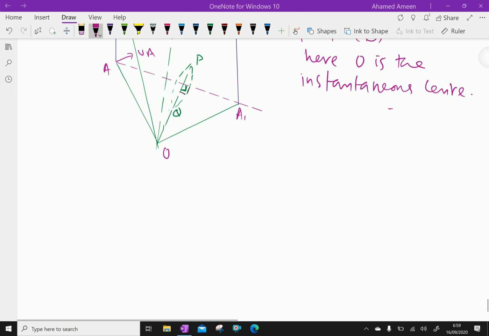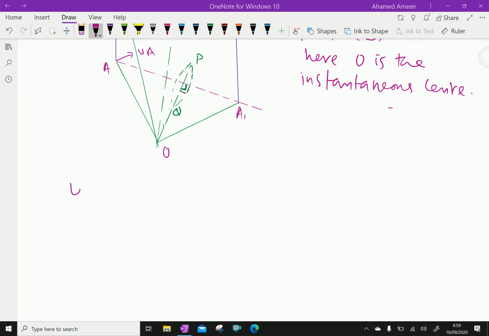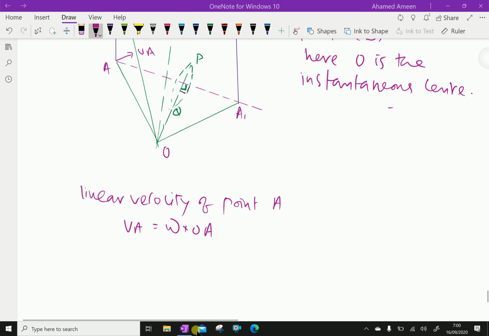The linear velocity of point A, VA, equals omega into OA, where omega is the angular velocity of AB.